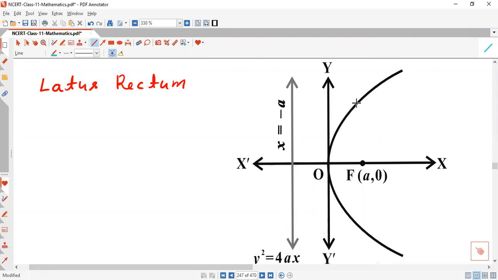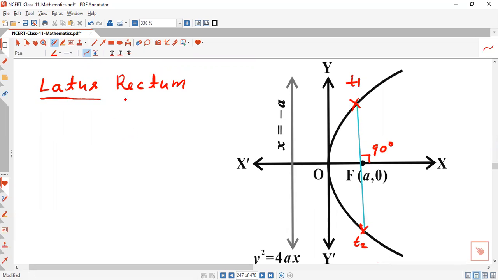It is passing through the focus and has an angle of 90 degrees, meaning it is a focal chord as well as a double ordinate. So this coordinate is T1 and this coordinate is T2.